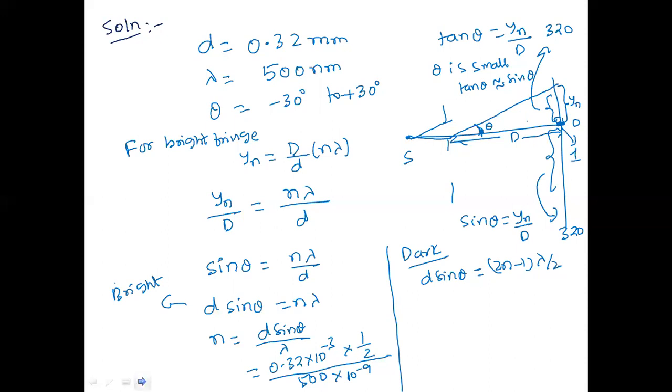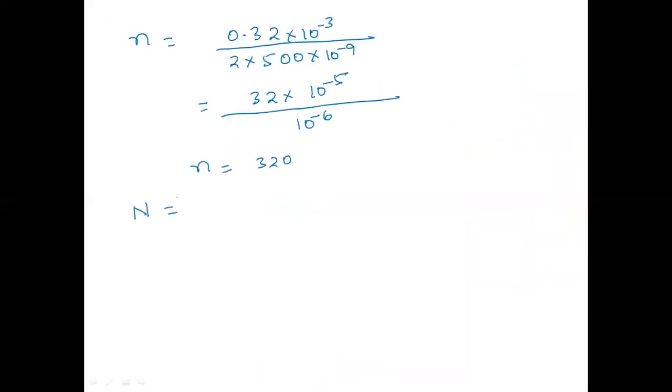So I am writing small n above, this is for above the central fringe, small n below the central fringe, and this is plus 1 for the central fringe.